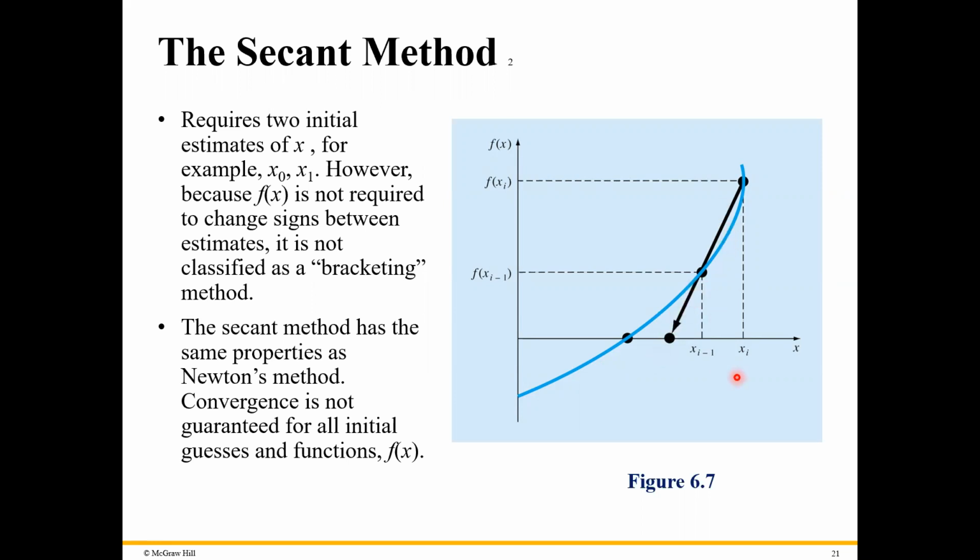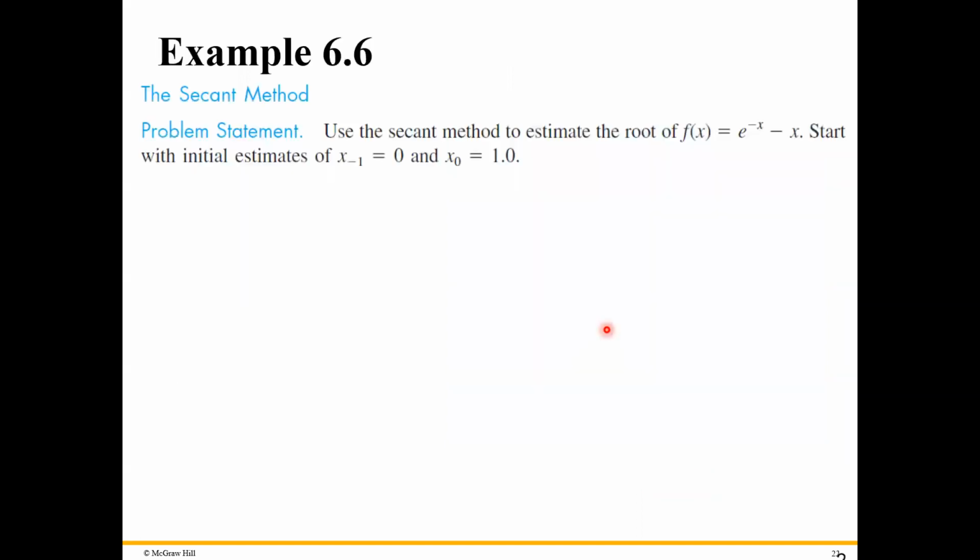So in this way, gradually we move towards the solution. From x_i, we have moved to x_(i-1), and then we have found this point. And then by successive application, we can move closer to the value. This is also shown with the help of example 6.6.